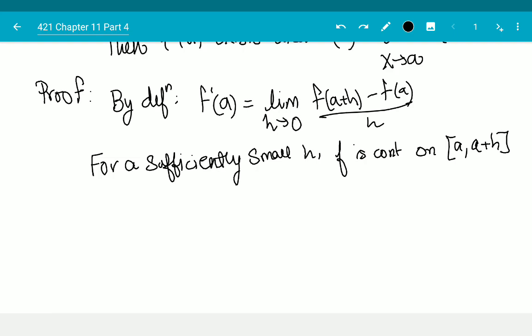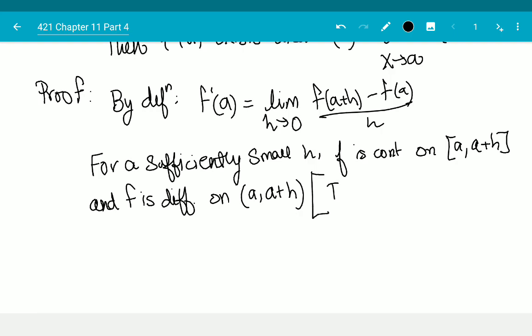So you can find it to be continuous on that, and f is differentiable on a comma a plus h, which you can do by taking h such that a comma a plus h is actually in my interval I. Then this makes my life so much easier.